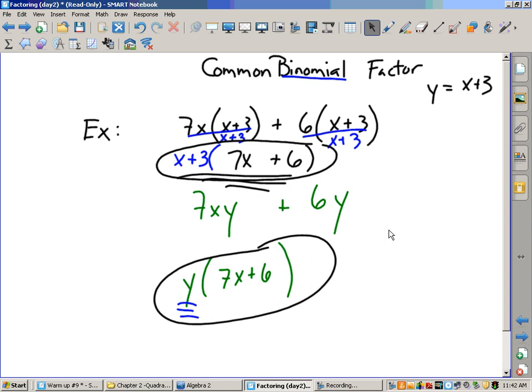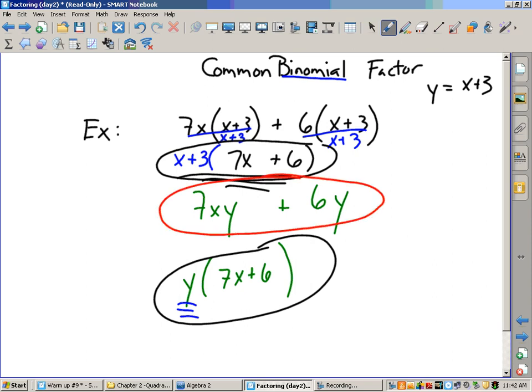What did I end up doing right here? What did I factor out of this? A common binomial. I factored out a common binomial. Now this last one over here doesn't have a binomial you can factor out of all of them. But you notice how I explained this one right here?